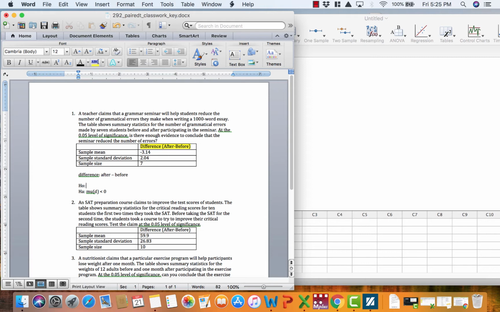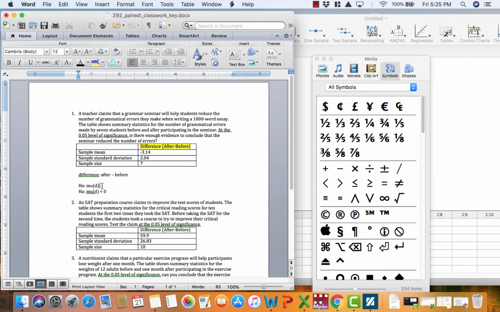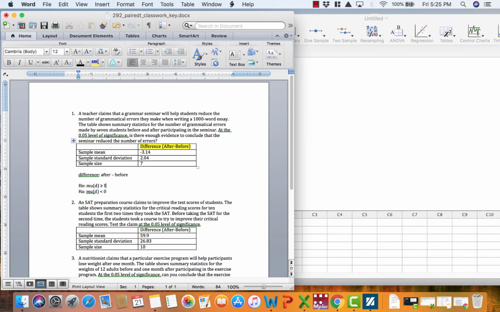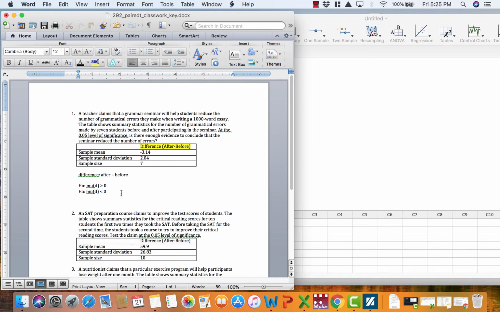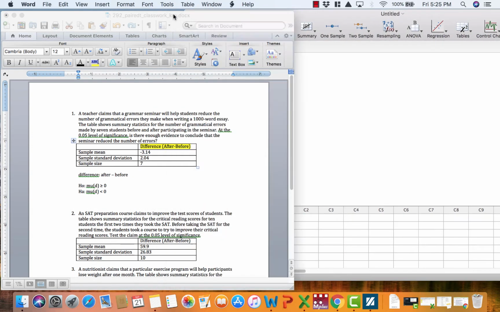If our alternative is mu d less than 0, then our null is mu d, as we know, greater than or equal to 0. So I need to insert a symbol here. Greater than or equal to 0. Now we can go into Minitab, and this is a paired t.